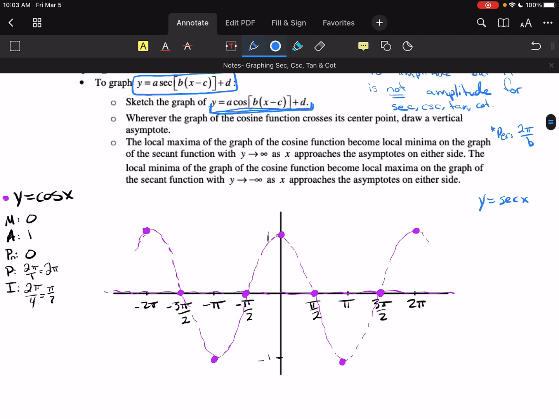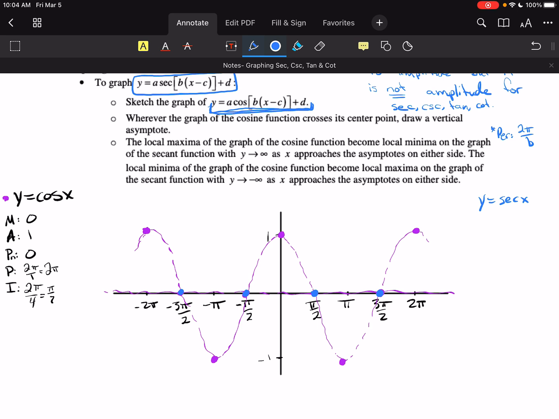Now, with secant, I am worried about when cosine is 0. So that happens here, here, right? My pi over 2's. So anywhere we have a pi over 2 where that doesn't simplify, when I'm on that x-axis, that's when cosine's 0. And that gives me undefined for secant.